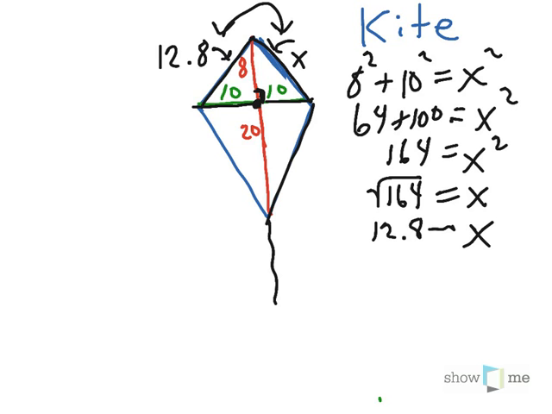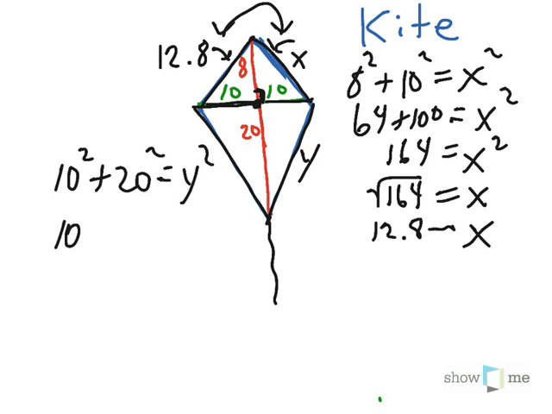Now, let's use that same principle to figure out, say, this side right here. I have 10 for the base of my triangle, and I have 20 for the height. So 10 squared plus 20 squared equals, and we'll call this y, y squared. That's going to give me 100 plus 400 equals y squared.